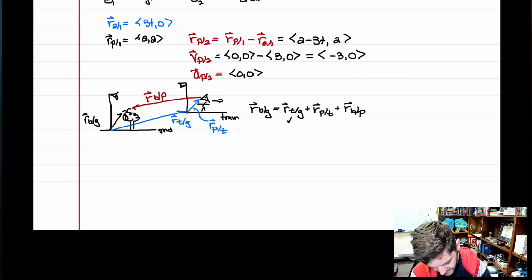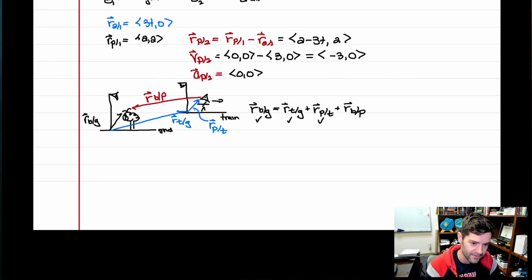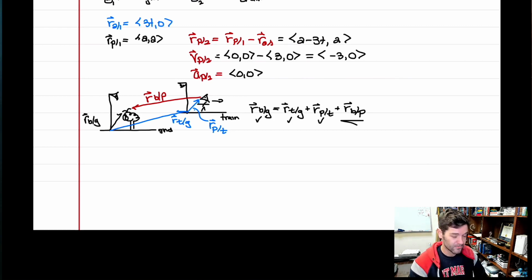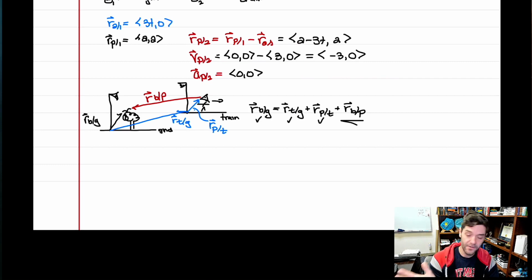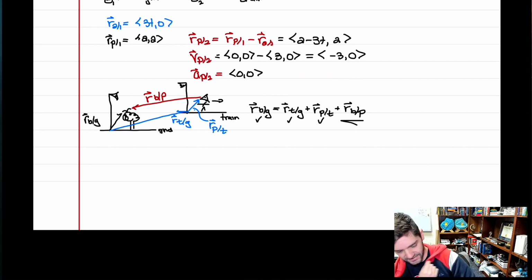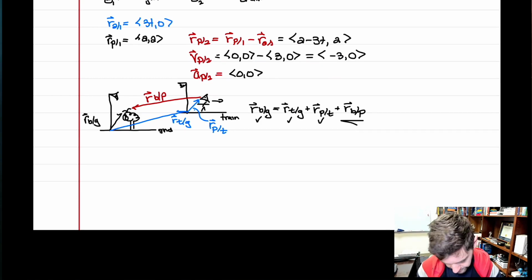So if I knew these relative vectors here, and I knew the position as viewed from the person on the ground, I could then compute what the bird is doing relative to the person who is moving on the moving train. So it's really vector addition, which emphasizes that if you can write down a coordinate system with axes and an origin, you can move to any other coordinate system you want just by drawing vectors. It's all really just vectors.